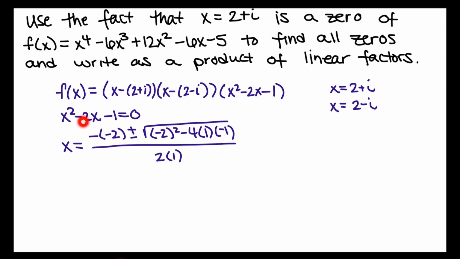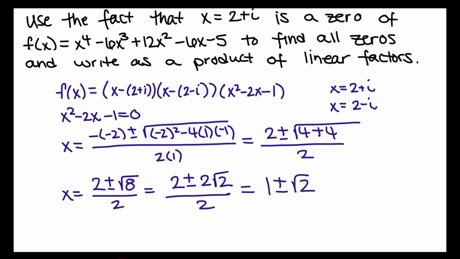We'll take negative b, so negative negative 2, plus or minus the square root of b squared, negative 2 squared, minus 4 times a, which was 1, times c, which is negative 1, all over 2 times a. That gives me positive 2 plus or minus the square root of 4, and then minus a minus becomes a plus 4, all over 2.